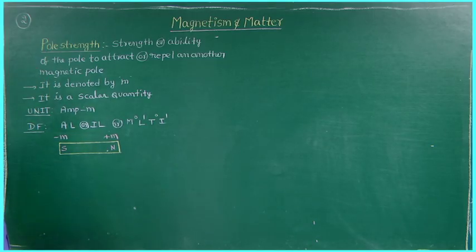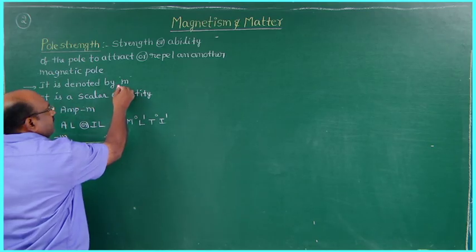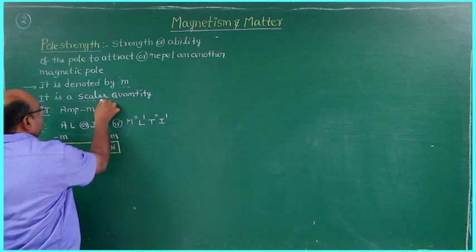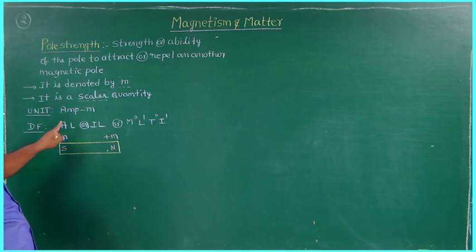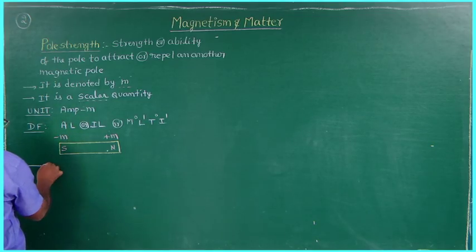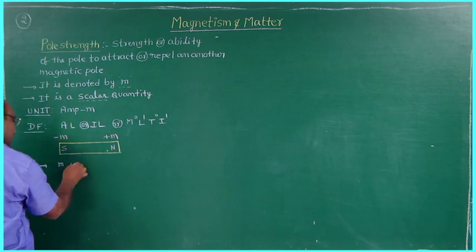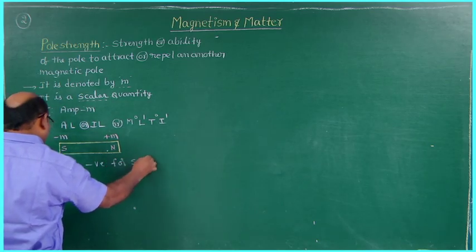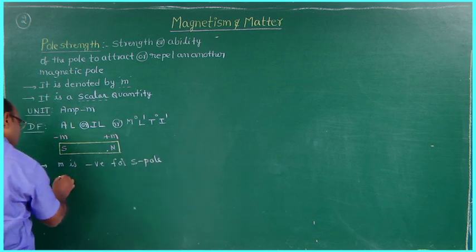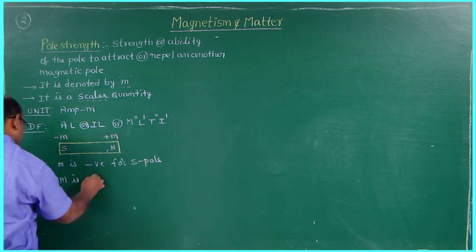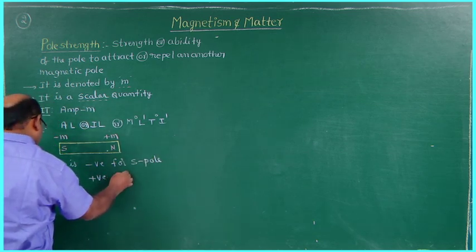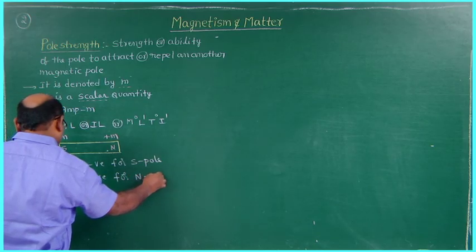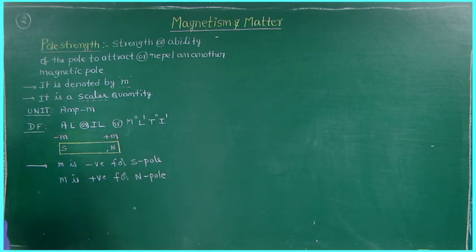Pole strength is denoted by the symbol small m, and it is a scalar quantity. Its unit is ampere meter. Pole strength m is negative for the south pole and positive for the north pole.